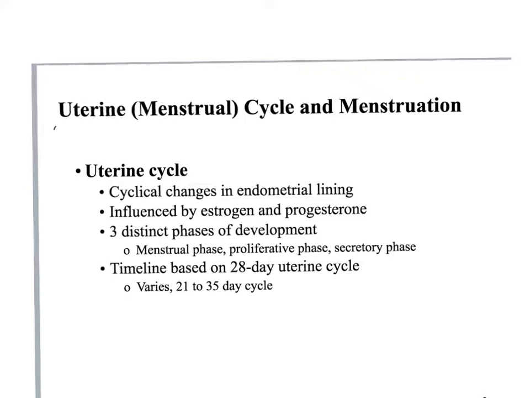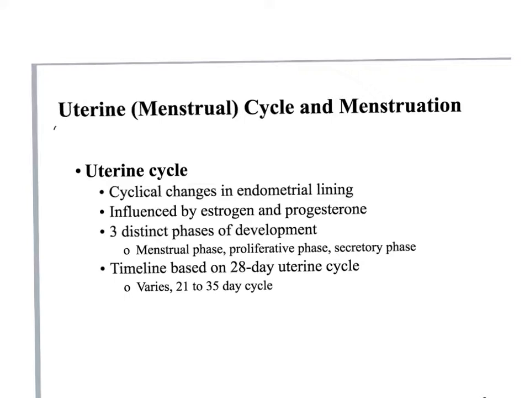So we talked about the hypothalamic pituitary gonadal axis. GnRH is produced by the hypothalamus, induces release of FSH and LH from the anterior pituitary, and FSH works on the ovary to stimulate follicle development, and LH induces ovulation.